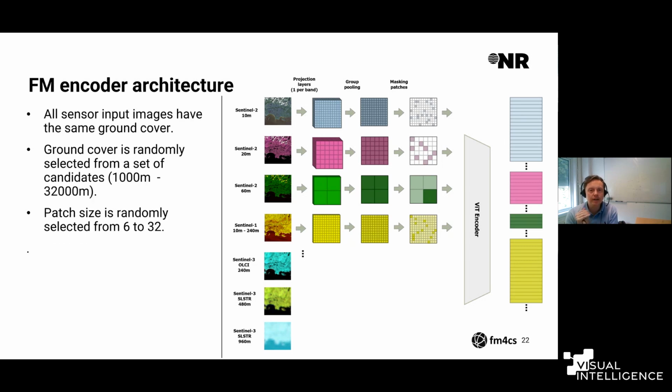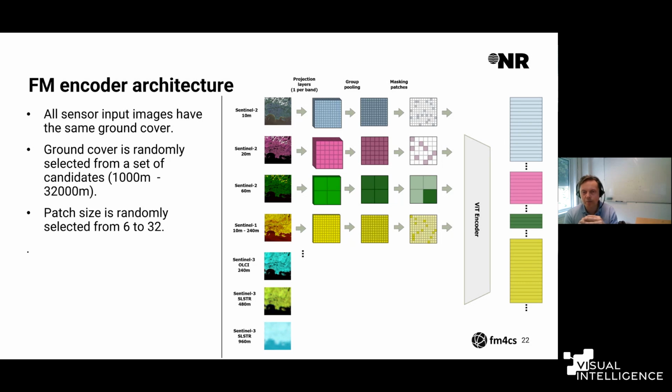What's more on this? All sensor input images cover the same ground cover. So if you have, let's say, a 1 kilometer by 1 kilometer Sentinel-2 image, meaning let's say 100 by 100 pixels, we have the same area, and that will be just one Sentinel-3 pixel included here. This ground cover is randomly sampled from a set of candidates.